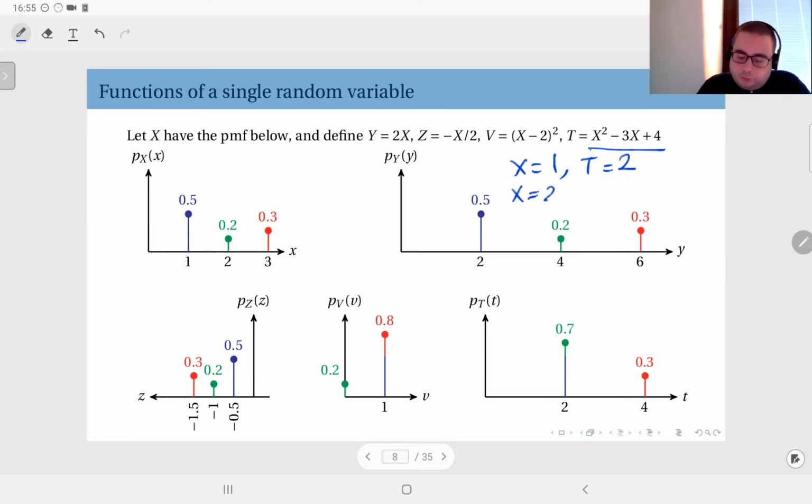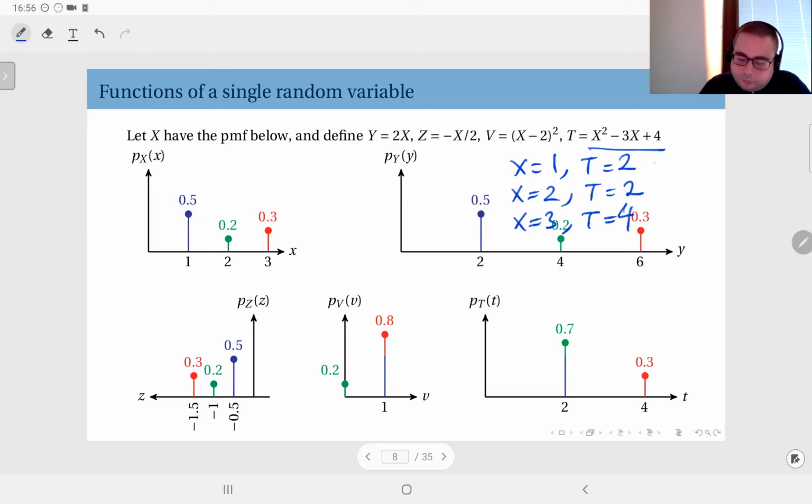When x equals 2, 2 squared minus 3 times 2 plus 4, and that is again 2. And finally, when x equals 3, 3 squared, 9, minus 3 times 3, which is also 9, plus 4, so you get T equals 4.